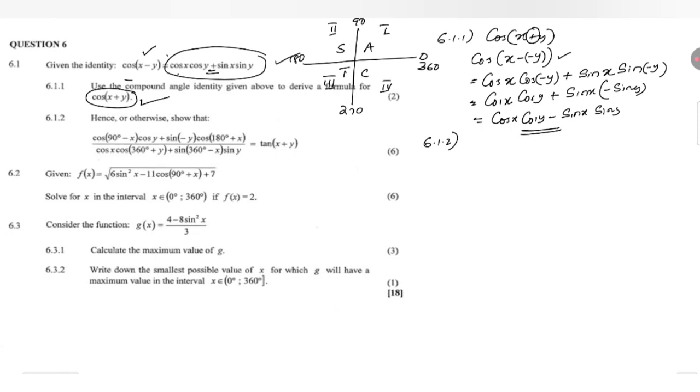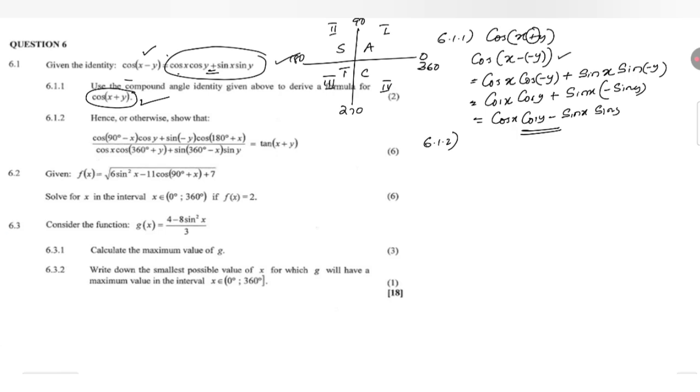S means sin positive in the second quadrant. T means tan positive in the third quadrant, which means sin and cos are negative. Others are negative. Here we are mainly looking at those three trigonometric ratios: sin, cos, tan. Those letters represent the trigonometric ratios which are positive in that particular quadrant.